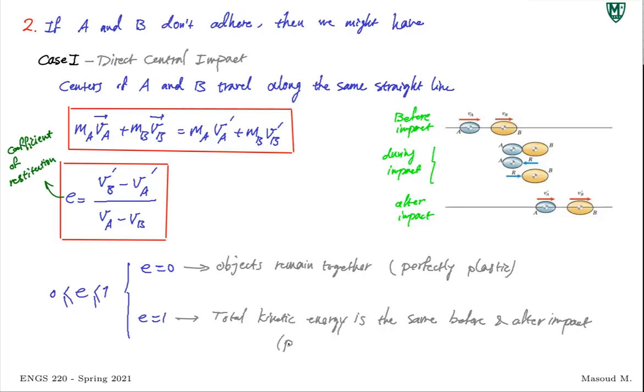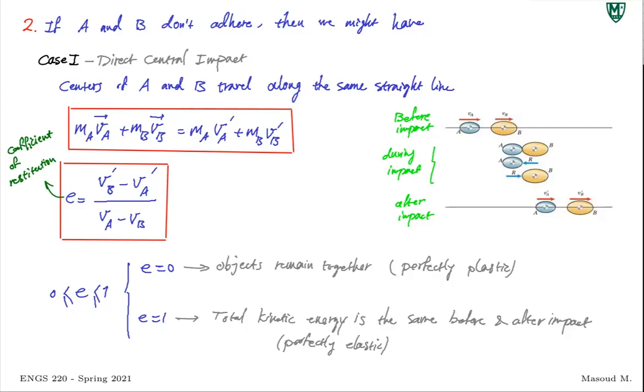That's when we have perfectly elastic impact. So if it's perfectly elastic, all the energy from object A is going to transfer to object B. Total kinetic energy is the same.